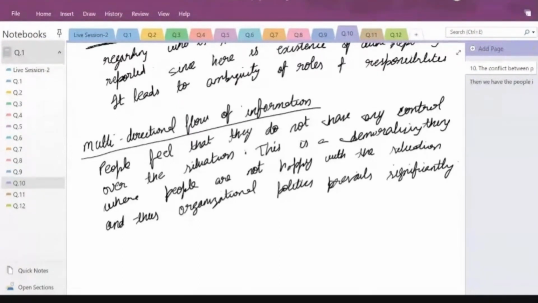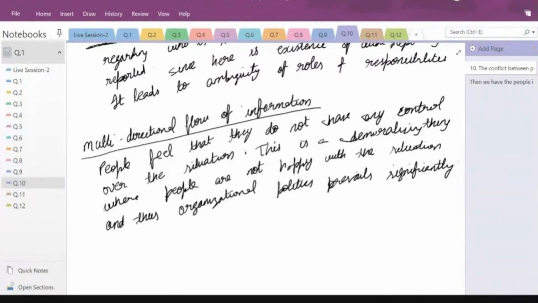Dual reporting leads to ambiguity in the role, and this leads to conflicts between the project managers as well as the functional managers. So there is a possibility for conflict, and there is a need for a close watch on the balance of powers or authority between the functional and product managers. Also, with multidirectional flow, people do not have any control over the situation. Thus, because of this, organizational politics prevails.